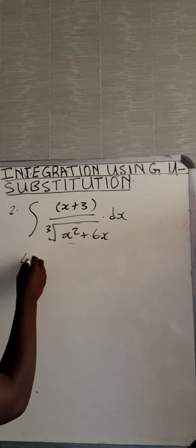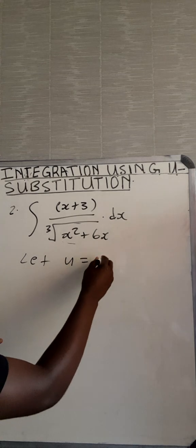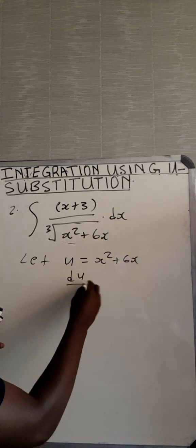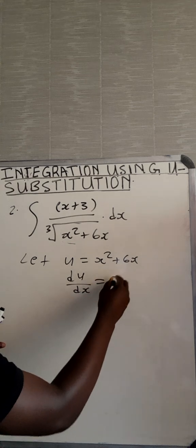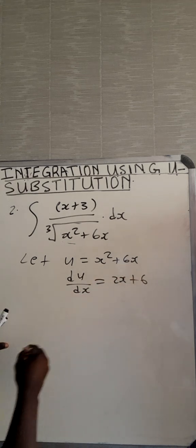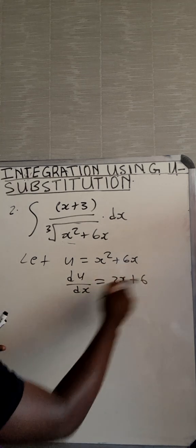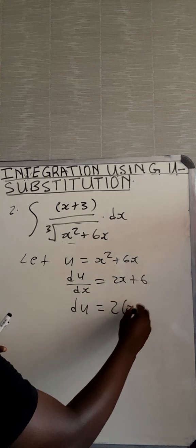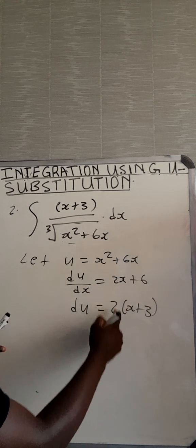If we let u be equal to x squared plus 6x, then du over dx will be equal to 2x plus 6. So du equals 2 times (x plus 3) dx, taking out the common factor of 2.